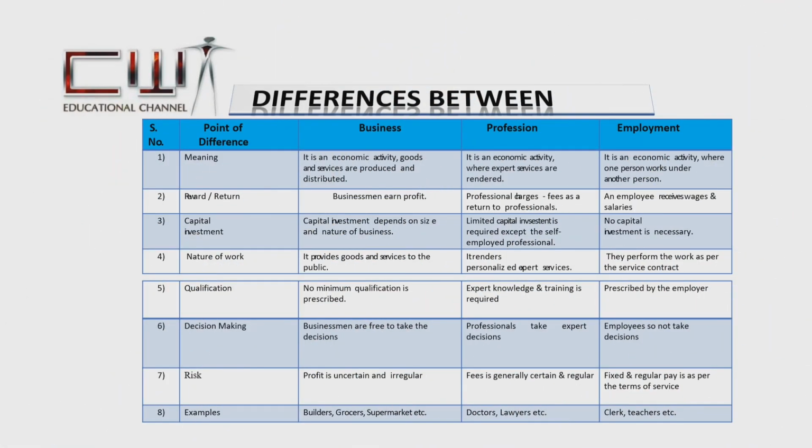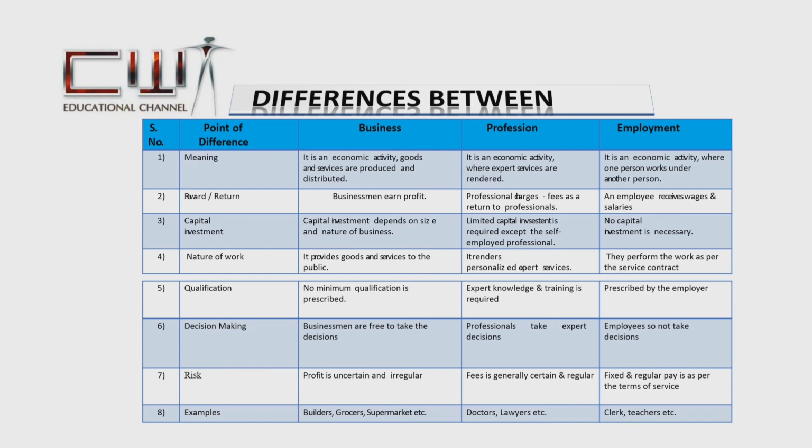Now let us understand the differences between business, profession, and employment. Business is an economic activity. Goods and services are produced and distributed. Profession is also an economic activity where expert services are rendered. And employment is an economic activity where one person works under another person. Business generally will earn profit.